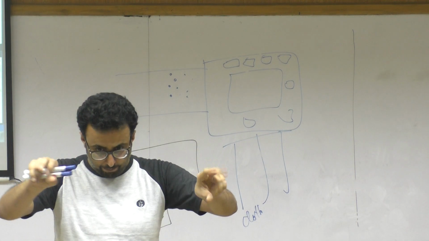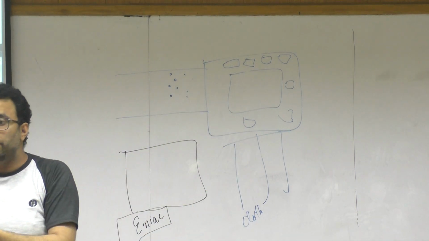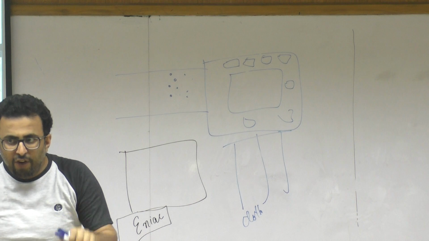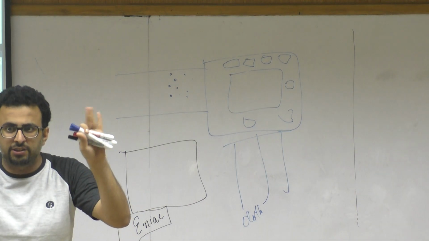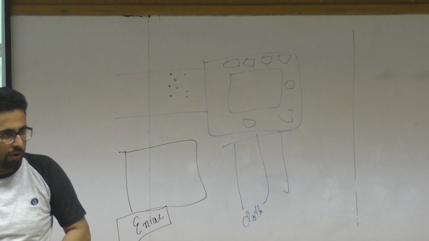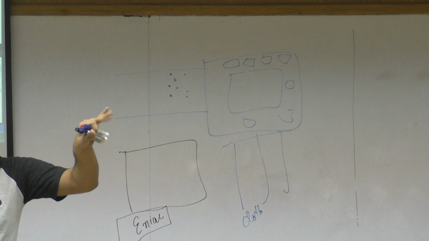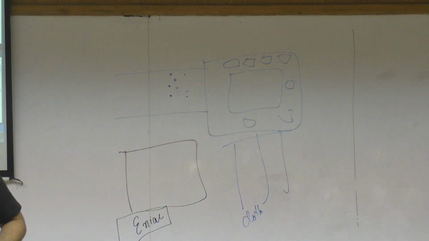Okay, for example, I have a machine which performs a certain task. If we want to do something different from that, I'm expecting that the machine does something else now.